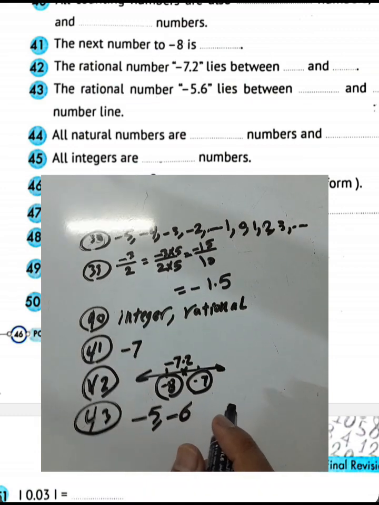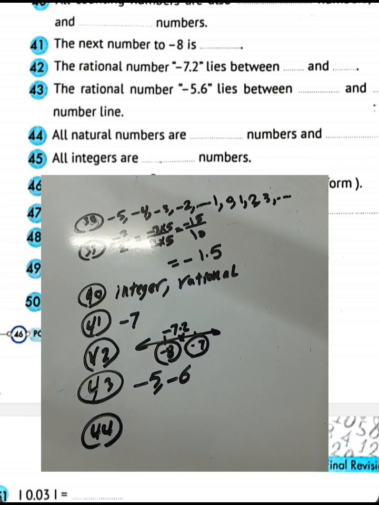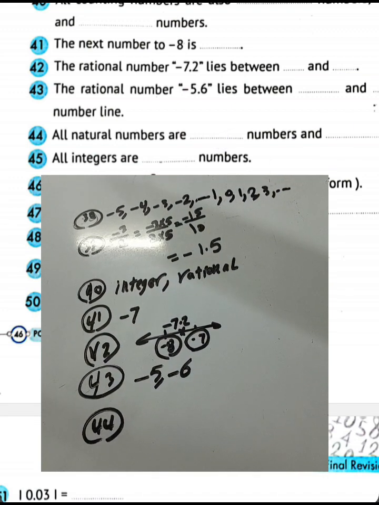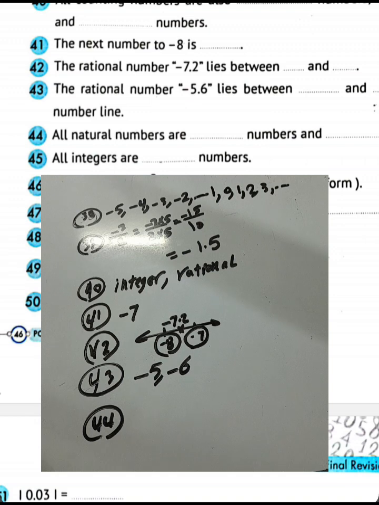Okay, question number 44. All natural numbers are what and what? All natural numbers, we can write integer and rational numbers.